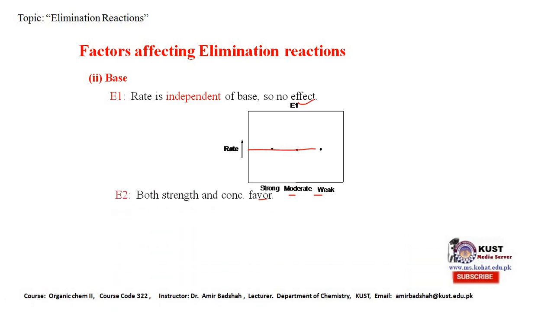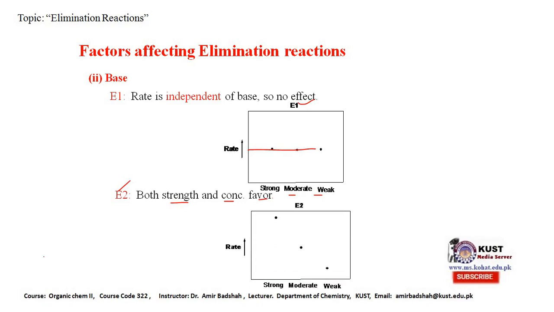However, in E2, both the strength of the base as well as the concentration of the base favor the E2 reaction because it is involved in the rate determination step. If it is stronger, it will abstract hydrogen very easily. If the concentration is more, it will also remove the hydrogen very easily.